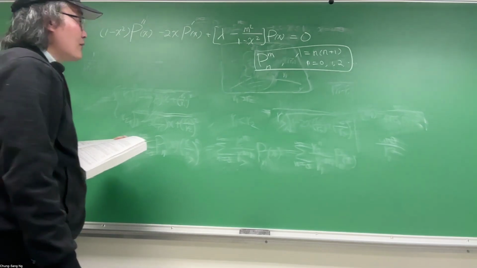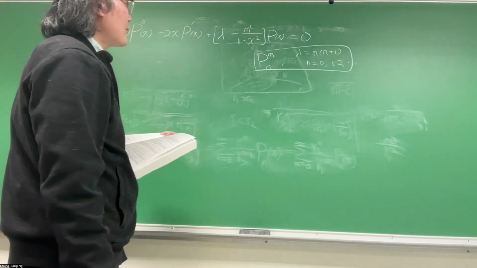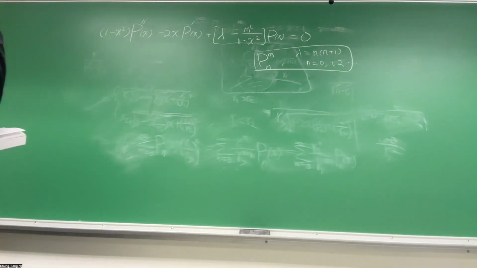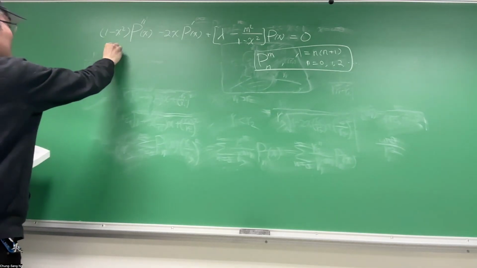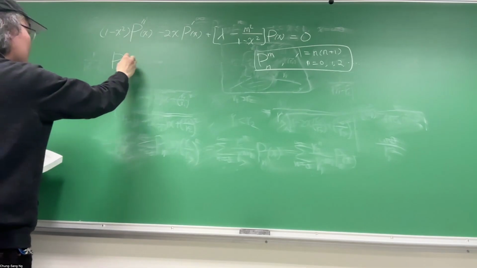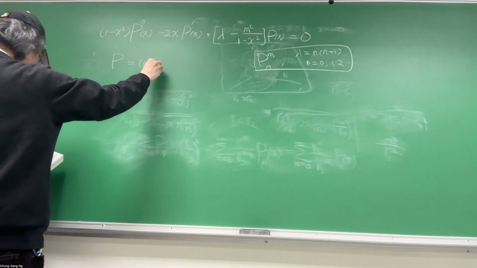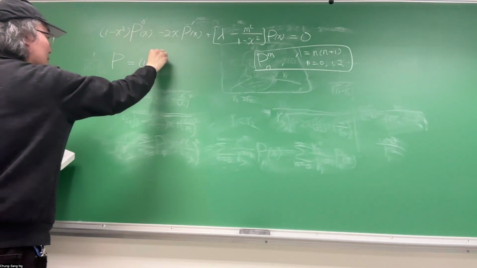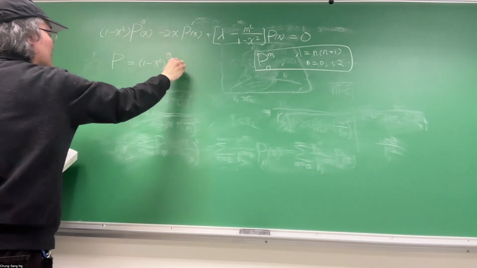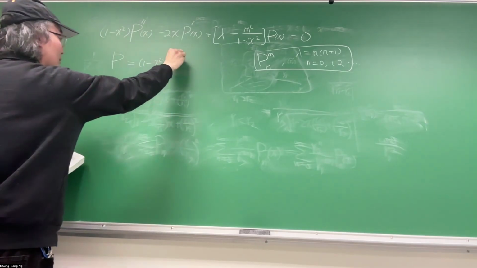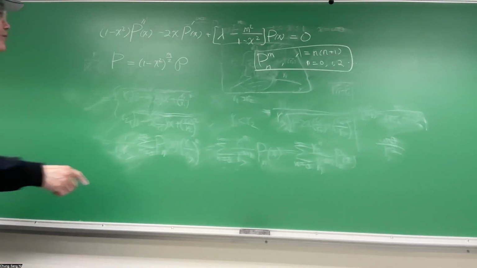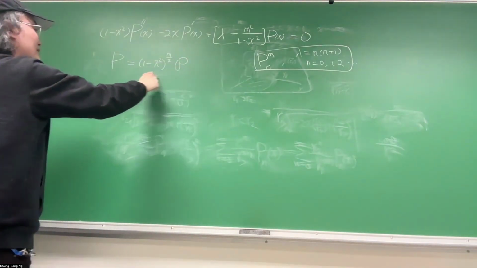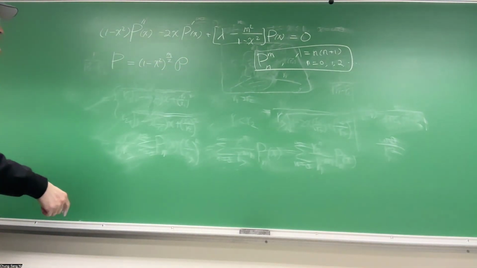If we get rid of that, then hopefully we'll get a solution that is again a polynomial. The transformation is suggested by this notation: P is 1 minus x squared to the power m over 2, times another p, a different way to write a p. This is script p. This is regular p.